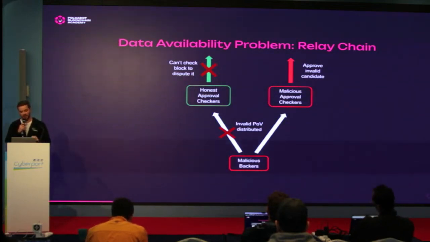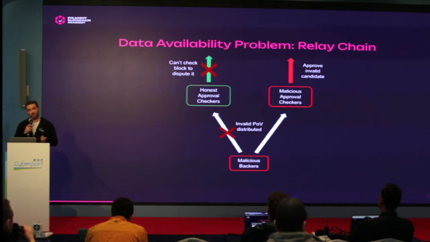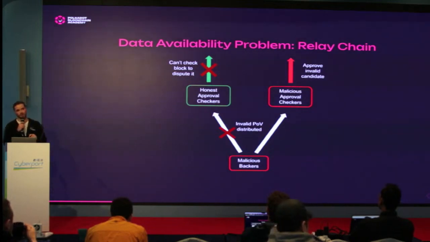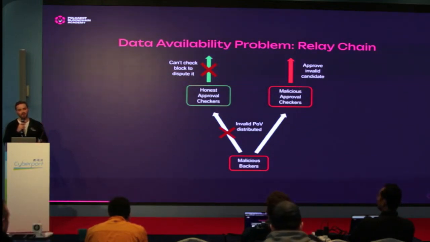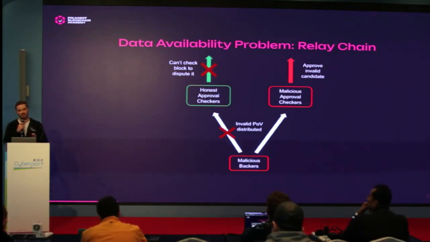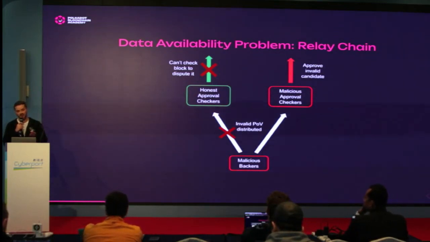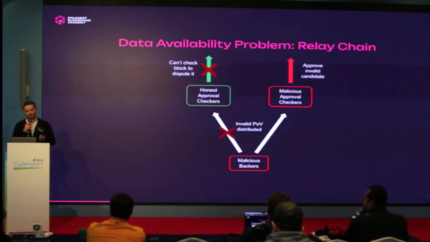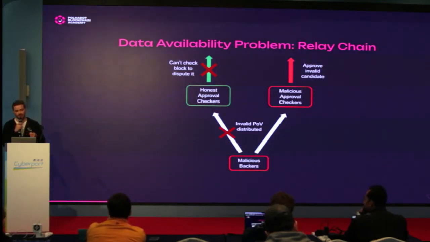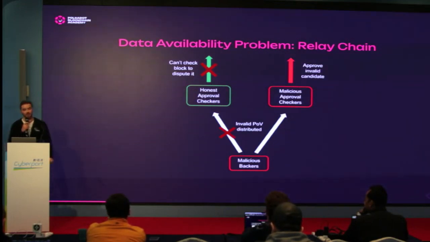This group has already backed a block that had an invalid proof of validity, and now they're, well, let's consider first the situation where Polkadot has no data availability layer. We know that the backers have the proof of validity because they just executed the block in order to back it. If we were to trust the backers to simply distribute that proof of validity to approval checkers later on, then the backers could kind of pick which approval checkers actually get that important information.